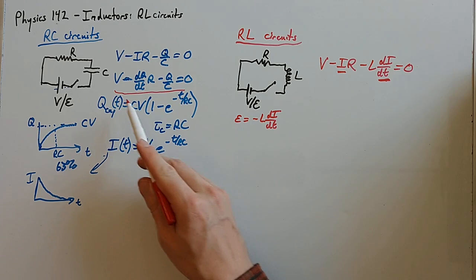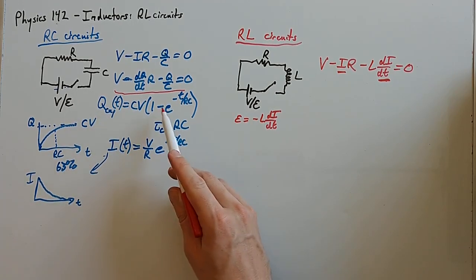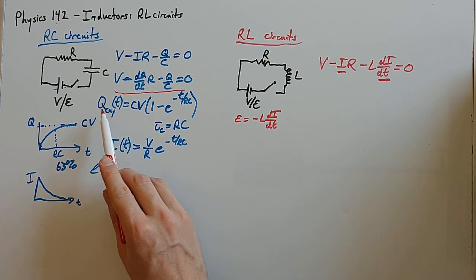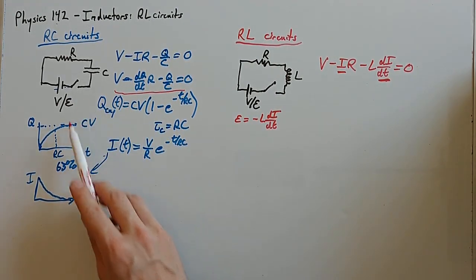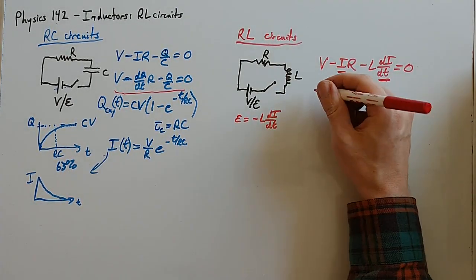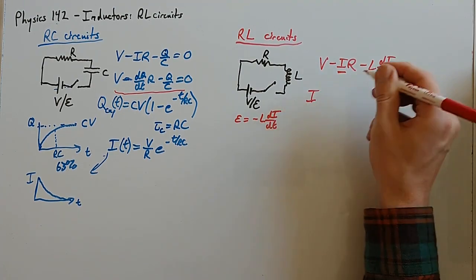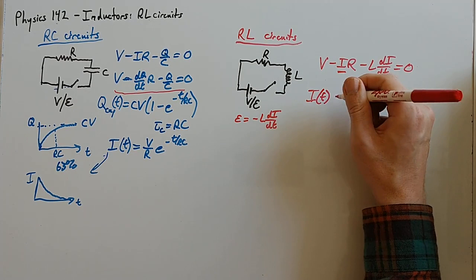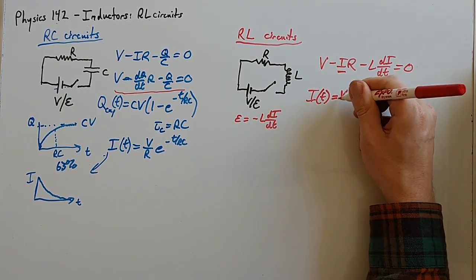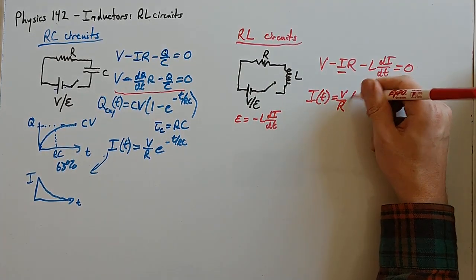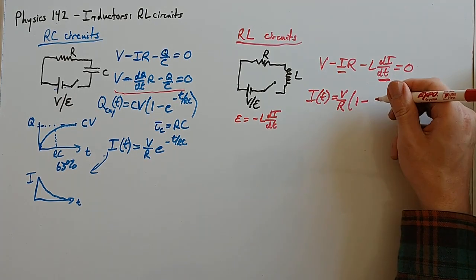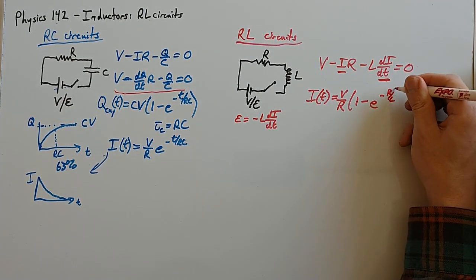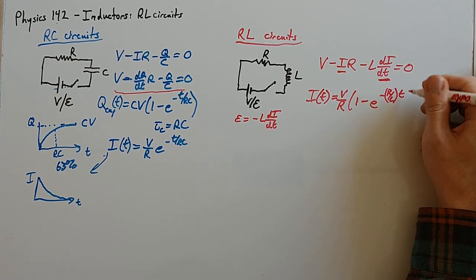And so what you end up getting is an I of t function, a current as a function of time, that looks a lot like the charge as a function of time equation from the RC circuit. So let's write that down and see if we can compare them. If you do the differential equations math, what you end up getting is that I as a function of t is V over R times 1 minus e to the minus R over L times t.